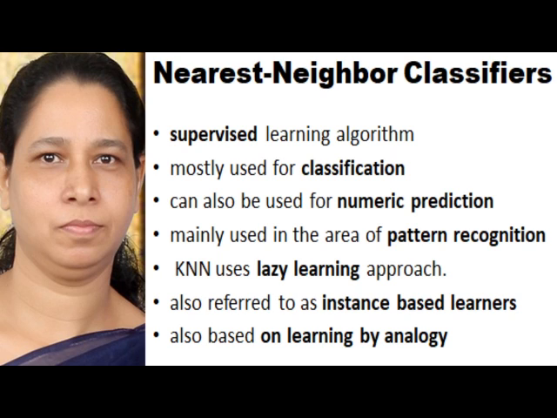Since KNN stores the training tuples or instances, they are also referred to as instance-based learners. It is also based on learning by analogy, that is, by comparing the new object to be classified with training tuples that are similar to it.